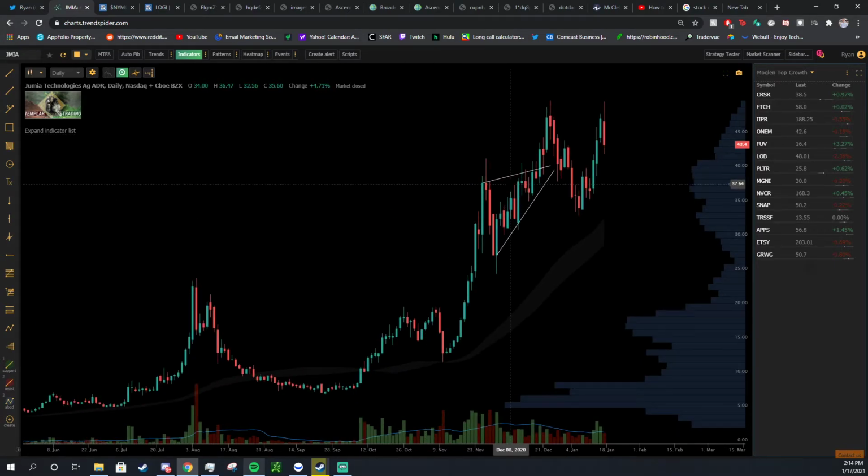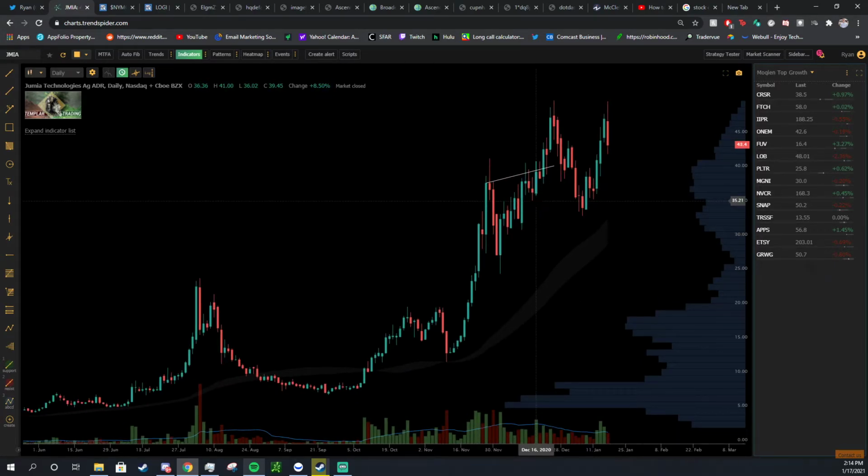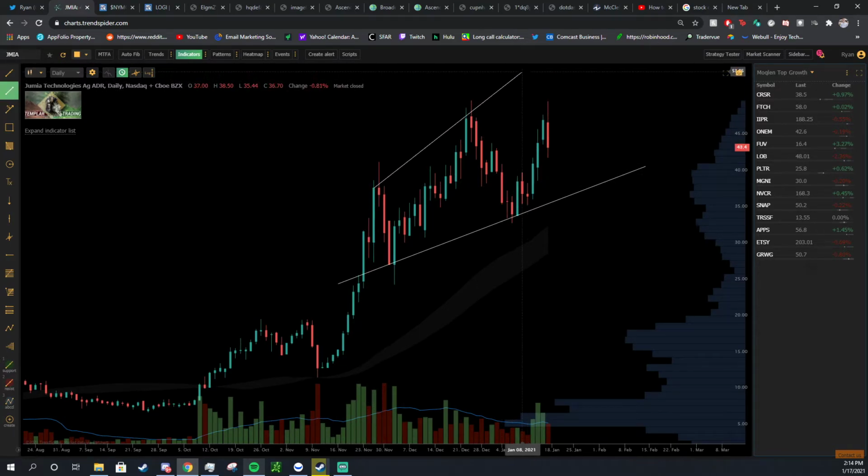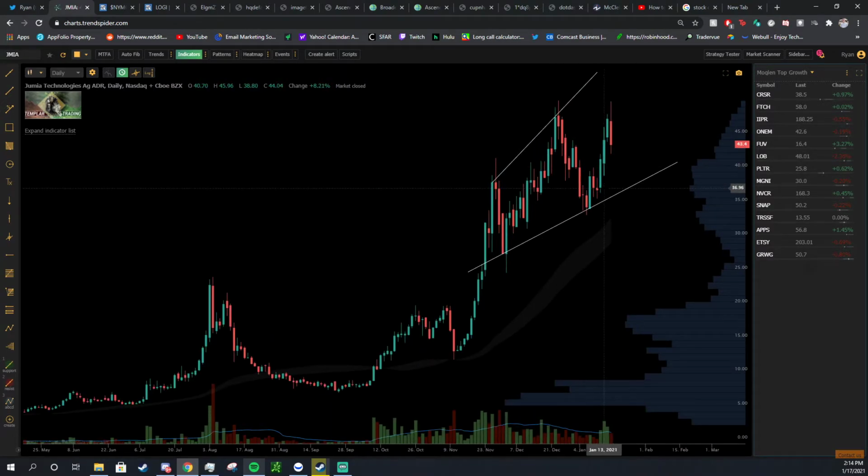So this one is kind of tough to fit into a pattern, in my opinion. You can throw this kind of support here and see that we've tested it twice, but that's not enough to give me conviction on it. I would say possibly broadening, but I think this one still needs to pan out a little bit.